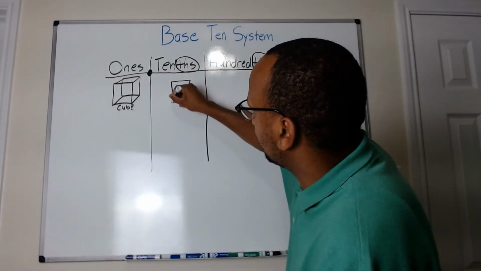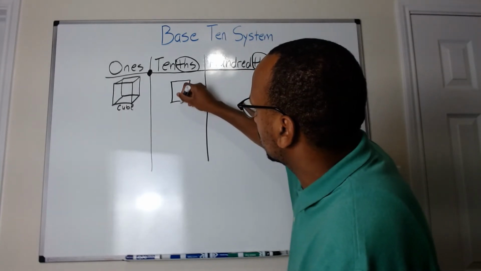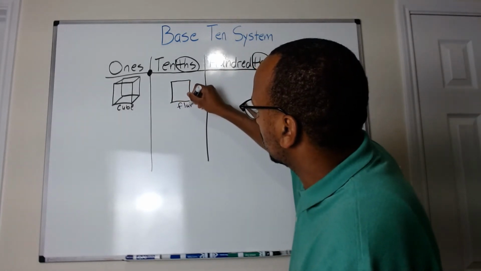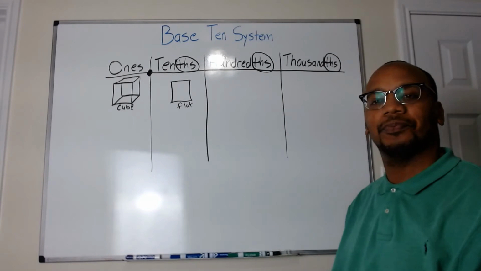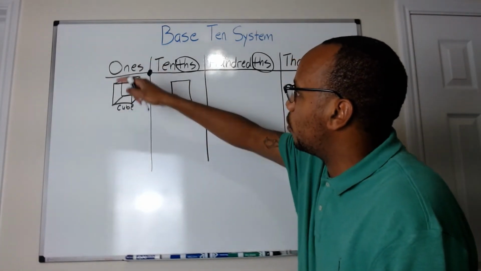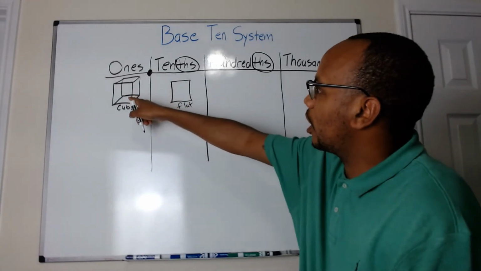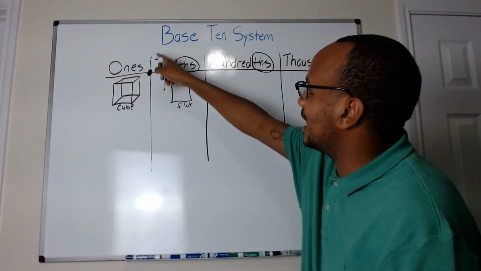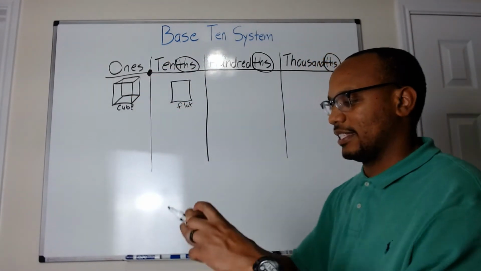What happens is, now you have 10 flats. Right? So that means if the cube is worth one whole, one whole cube broken into 10 parts creates flats.